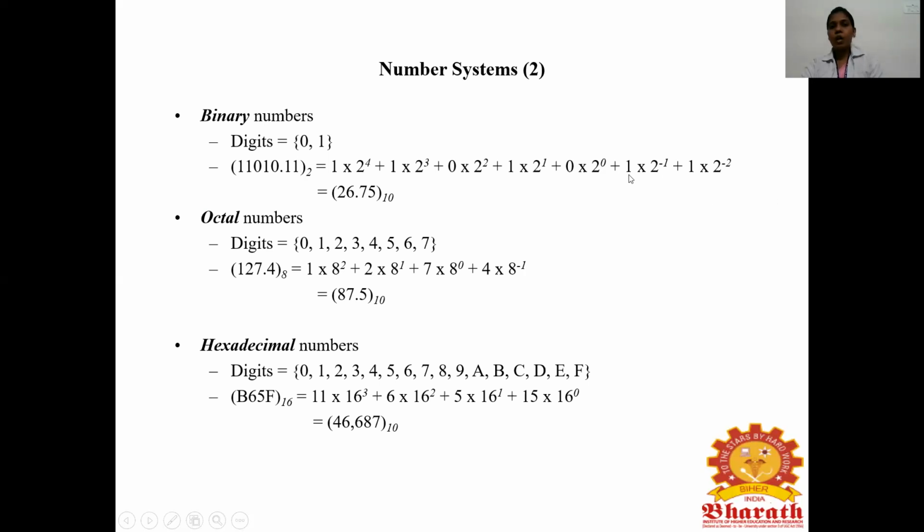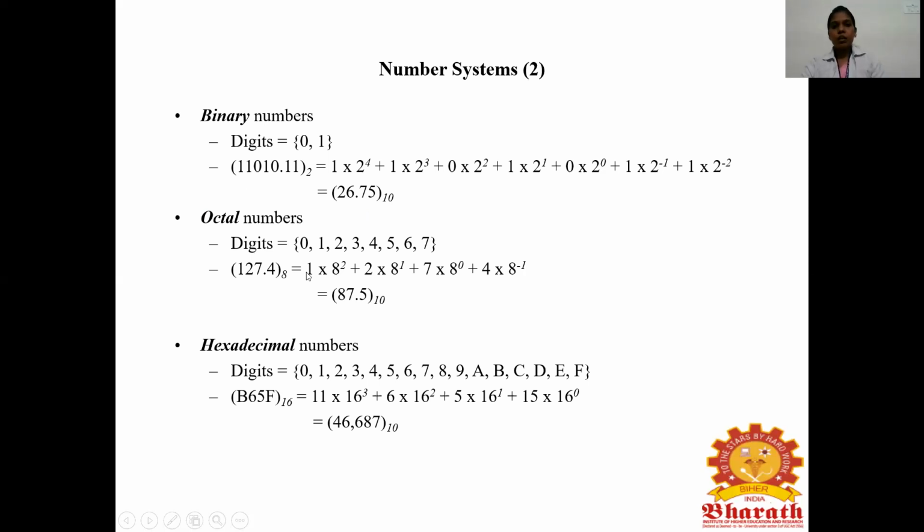So what we have written here, 1 into 2 power minus 1, and then for this one, 1 into 2 power minus 2. When we calculate each and everything, we'll get the result 26.75. Okay, this is what we do from a binary to the decimal conversion.